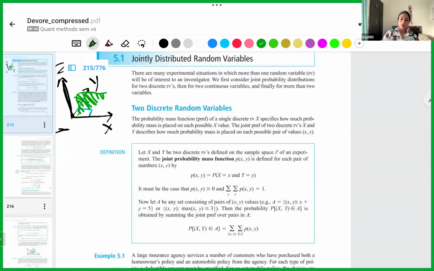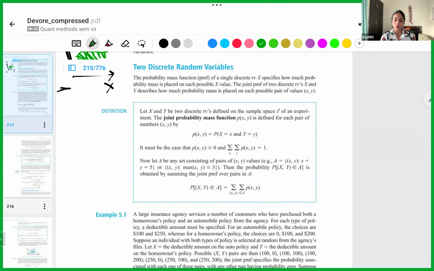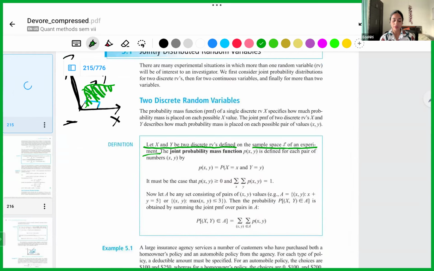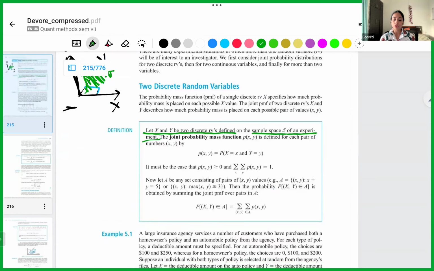Yeah. So this is what is written over here: if x and y are two discrete random variables defined on the sample space of any experiment, x can take a particular range of values, y can take a particular range of values, then the joint probability distribution, the joint probability mass function in the case of a discrete one, is defined for each pair of numbers x and y, where the probability is that the random variable x takes the value equal to small x, and y takes the value equal to small y.